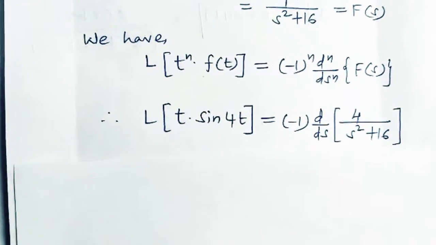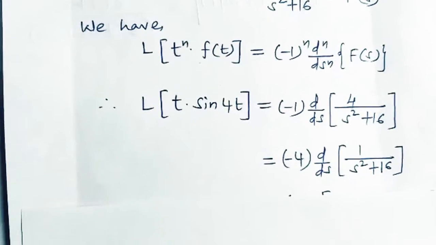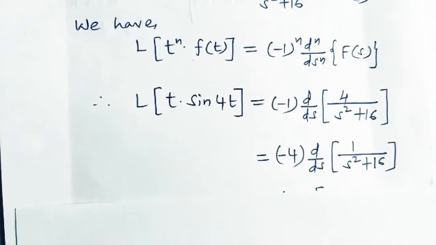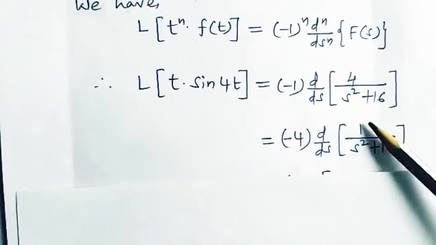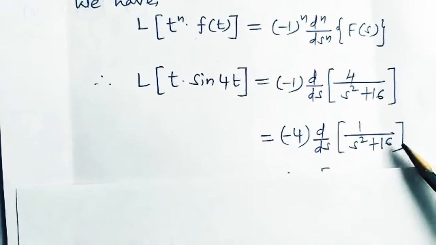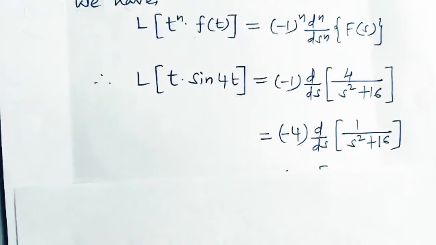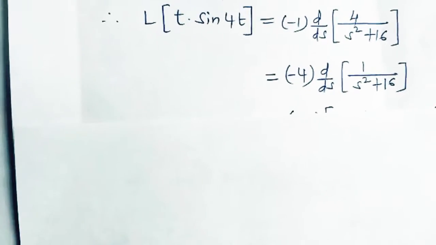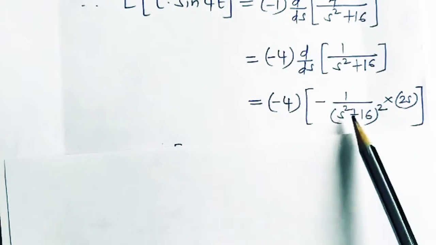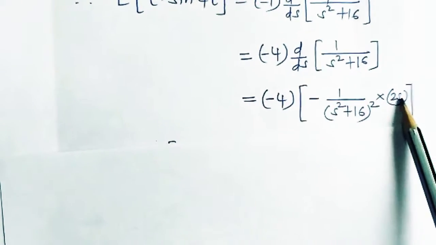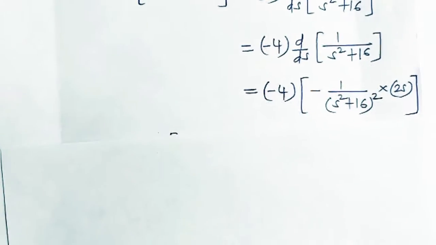Further we may simplify it. 4 can be taken outside, along with the negative sign it becomes minus 4 d by ds of the derivative of 1 divided by s square plus 16 with respect to s, which is minus 4 times minus 1 divided by s square plus 16 the whole square, and the derivative of s square is 2s, and for 16 it is 0.